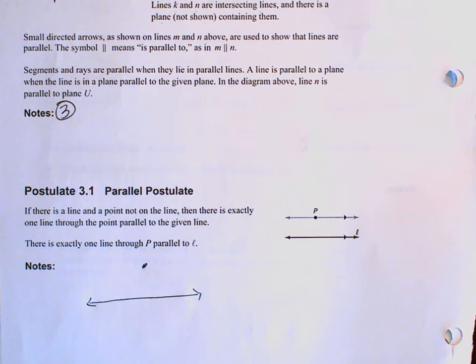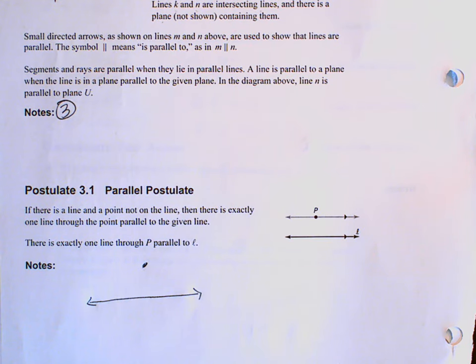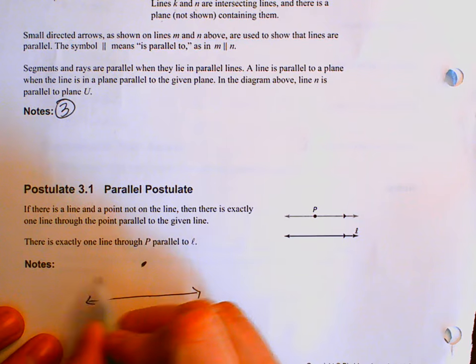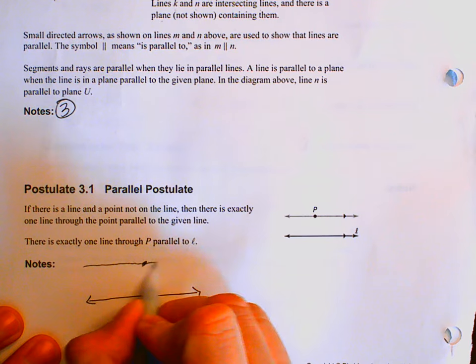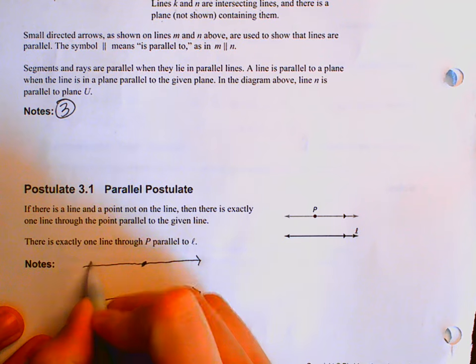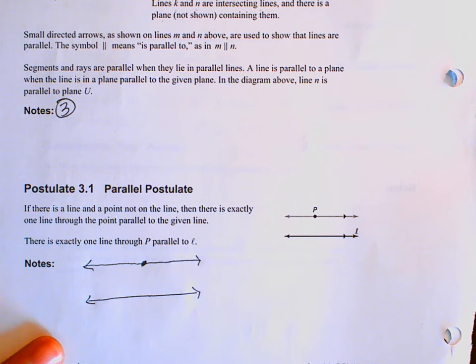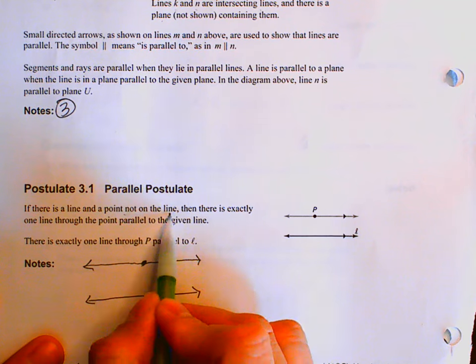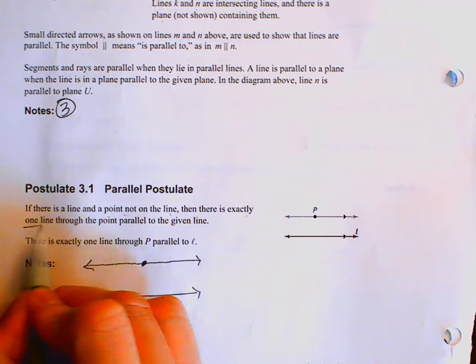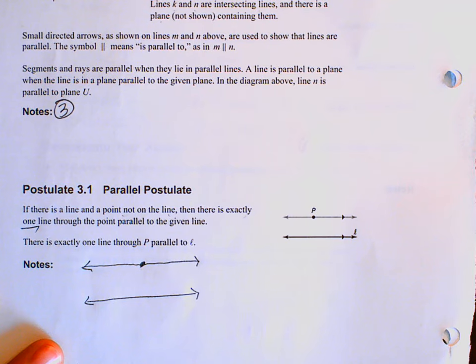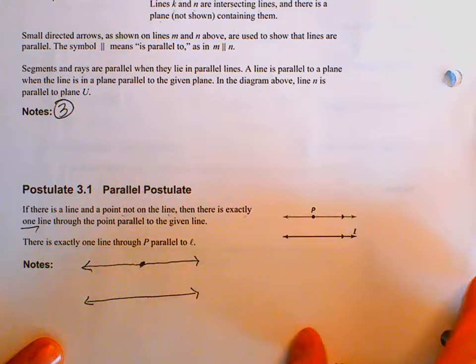Could it be 1, 2, 3, 4, maybe 5 lines? Well, the parallel postulate only allows for 1. So I can draw only one line that is going to be parallel to that line going through that point. So if there is a line and a point not on the line, then there is exactly one line through the point parallel to the given line. That's called the parallel postulate again.